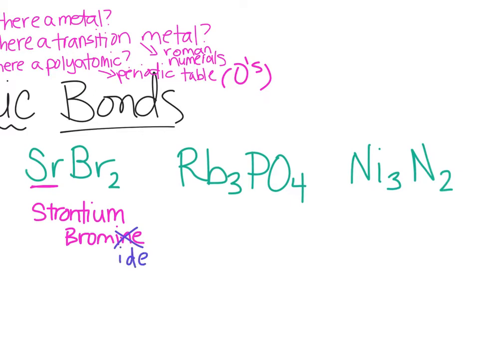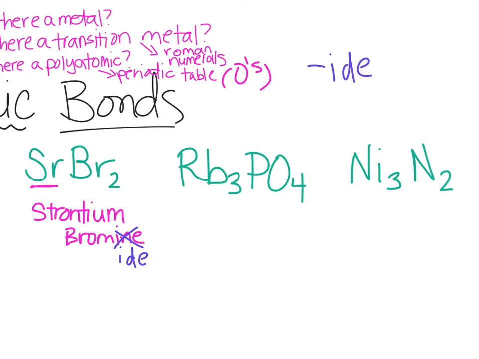Okay? So that's our other key. Say it louder. All right. So don't forget, ides are usually how we're ending, unless you've got a polyatomic, then you're just listing it, right? All right, so we have strontium bromide. And we're going to come back to that one, so leave yourself just a tiny bit of space next to it, because I do want to show you something with that one, okay?